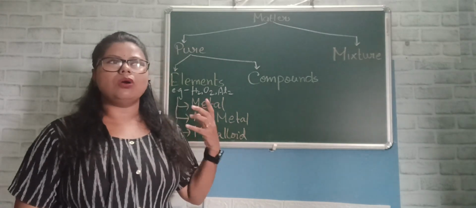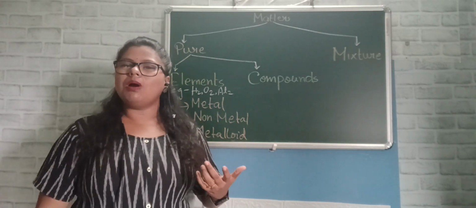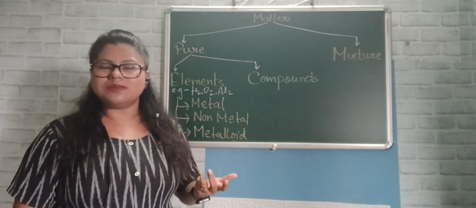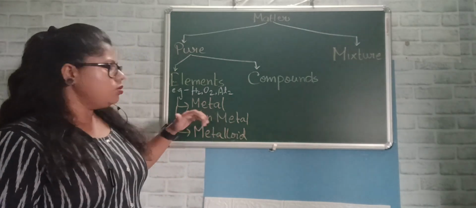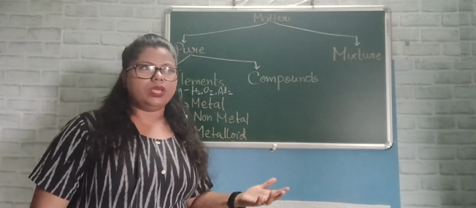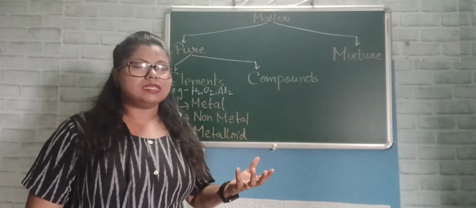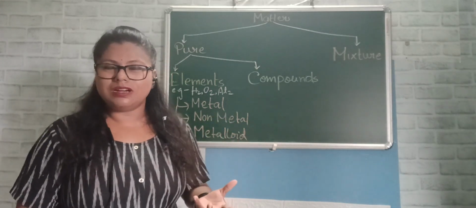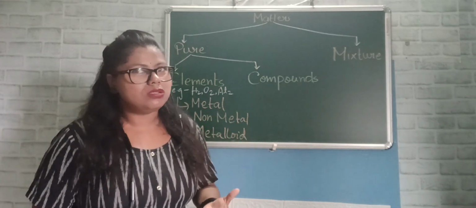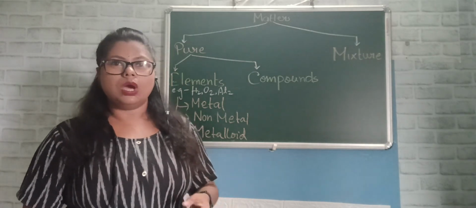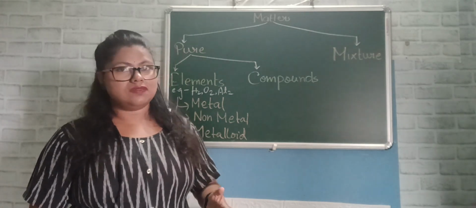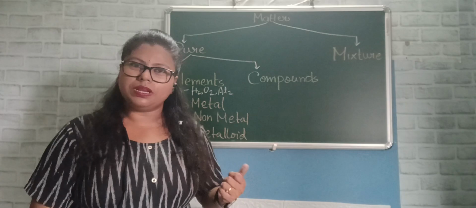If you think about all these examples, you will come up with some similar properties. Now if we talk about non-metals, they can be chlorine, bromine, iodine, oxygen, sulfur. All of them also have some similarities within their structure as well as within their properties.